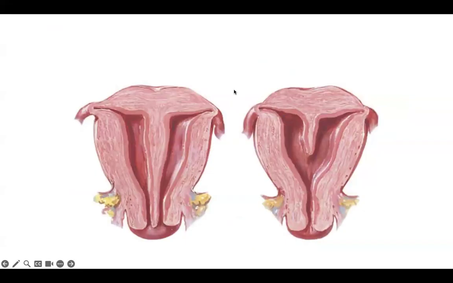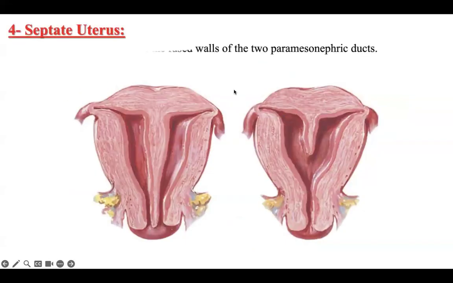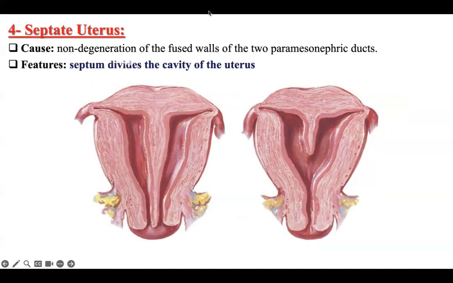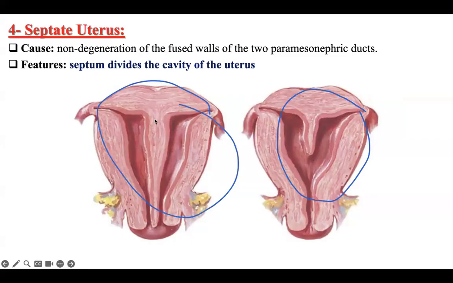Okay, let's see this case. Here this case is named septate uterus. Very important. We have only one uterus, but inside it there is a septum dividing the cavity of the uterus into two parts.